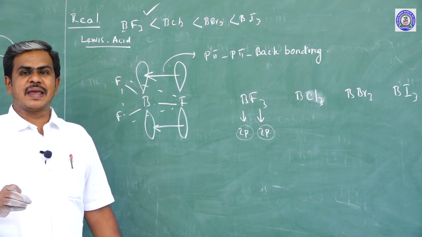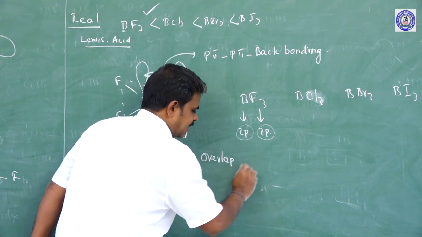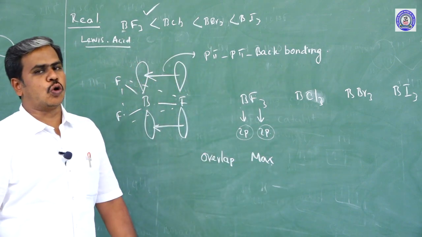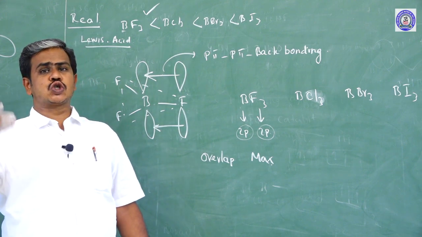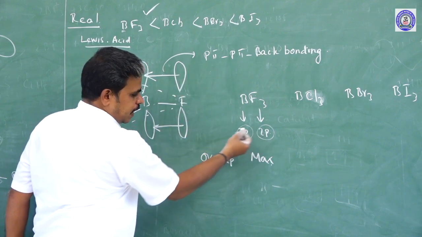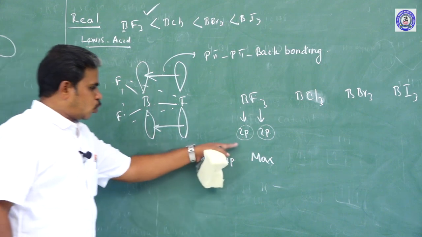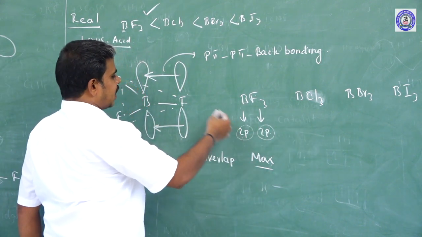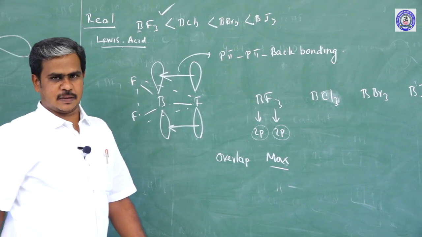So the overlap is maximum in BF3. The electron deficiency is much reduced by p-pi back bonding and by the orbital shape, so it has the least Lewis acid strength.